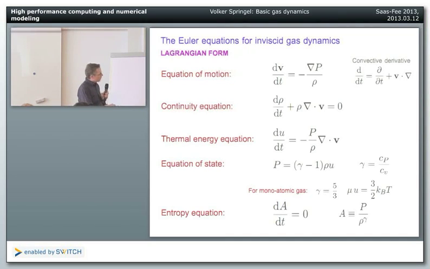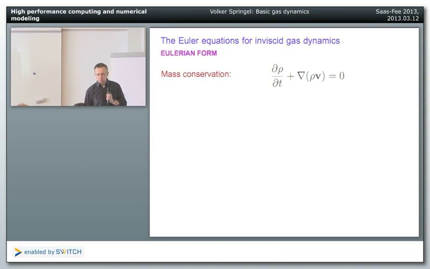But you see that in this advection part, here the density is outside of the nabla operator, and here it's inside the nabla operator. Okay, the distinction lies in the convective derivative, and these two equations are consistent, the only difference being that in one case I use the convective derivative, in the other not.